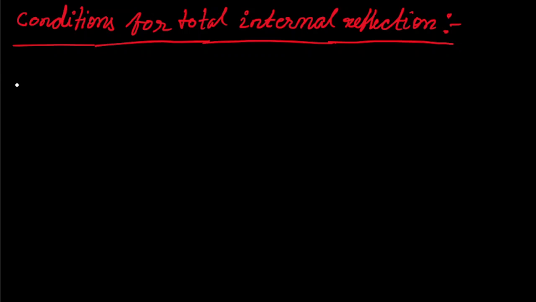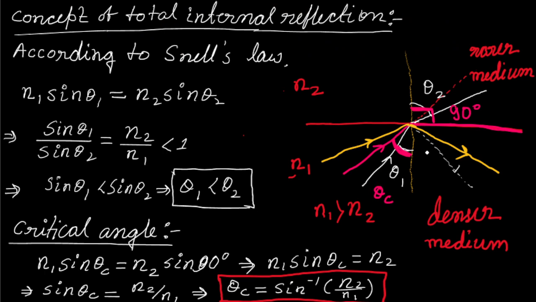First condition: in this figure we can see that when light goes from the denser medium to the rarer medium, only then will theta 2 be greater than theta 1. You can solve this problem in another way. You can send light from the rarer medium to the denser medium and find the relation between theta 1 and theta 2. You will see that theta 1 will always be greater than theta 2.